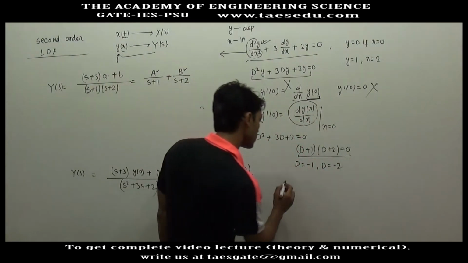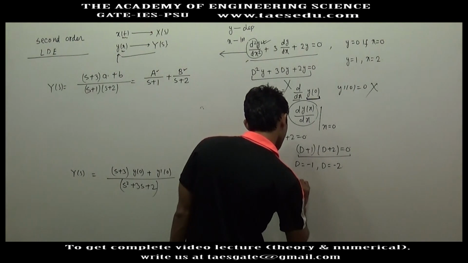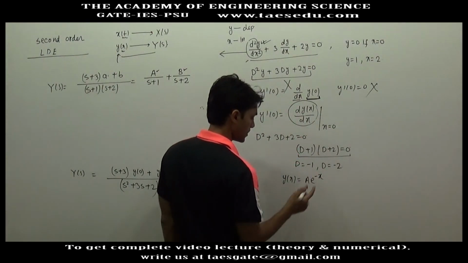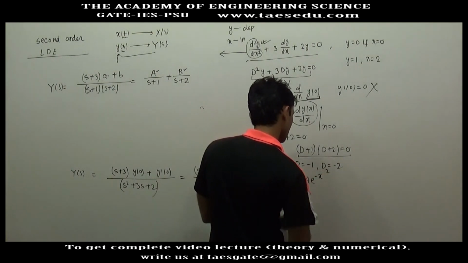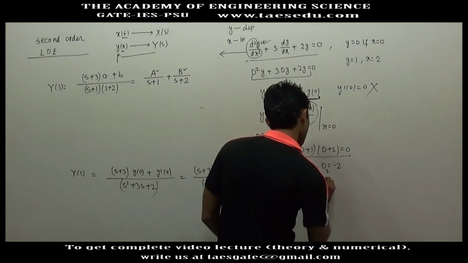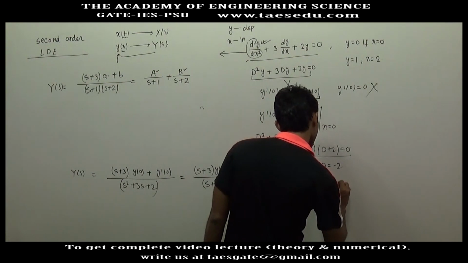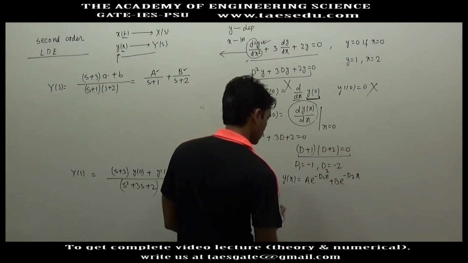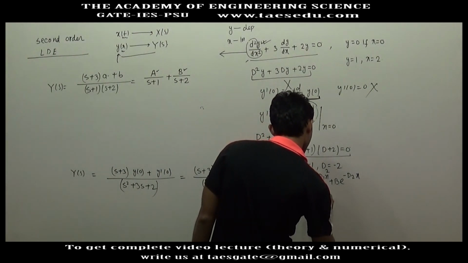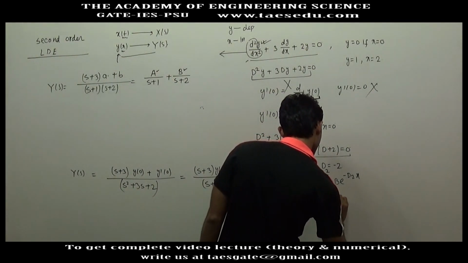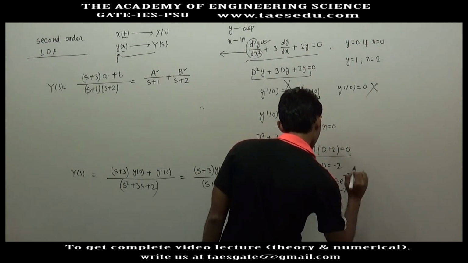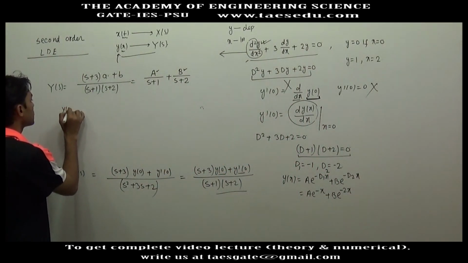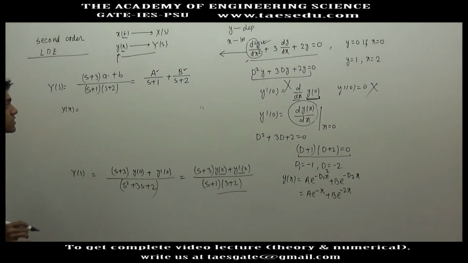And what is the general solution? yx is equal to a e to power minus d1 x plus b into e to power minus d2 x, where these are d1 and d2. So the general solution is a into e to power minus x plus b into e to power minus 2x. And what will be yx here? We will have to take the inverse Laplace.